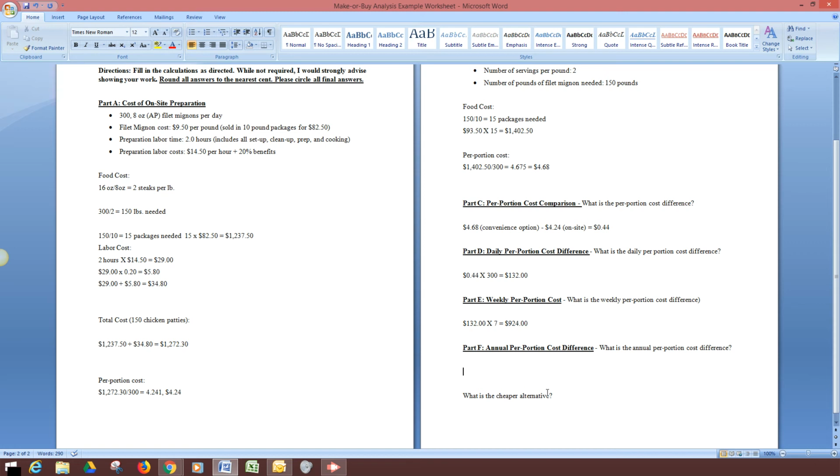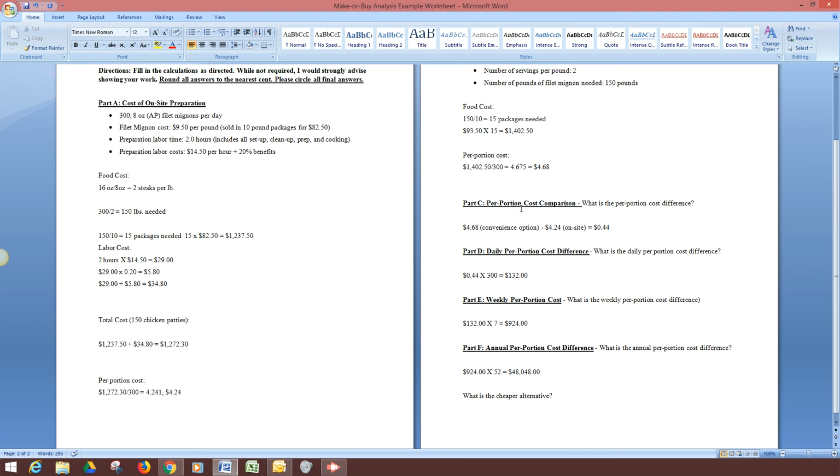So now we get to our annual per portion cost difference. So if we know that we're saving $924 in a week, there's 52 weeks in a year, so times that by 52, and that tells you that we are saving $48,048 per year.